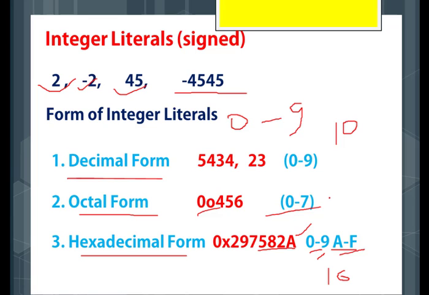So octal form, total 8 numbers; decimal form, total 10 numbers; hexadecimal form, 16 numbers. This is the way to write it: 0x followed by the number, 0o followed by the number, and this is a simple decimal number we use in our day-to-day life.